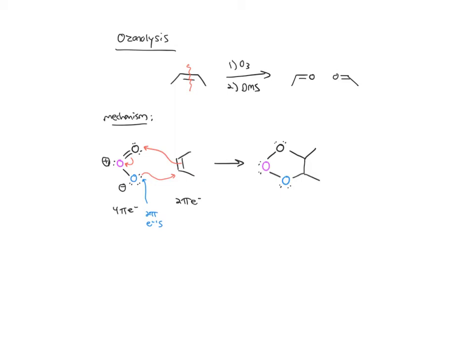So that first step that we drew breaks the pi bond. So now the pi bond's not there. This next step is going to break the sigma bond. And so we're going to push the electrons from the blue oxygen's lone pair down. We're going to break that sigma bond, and we're going to have that sigma bond go into making a double bond to the oxygen at the top.